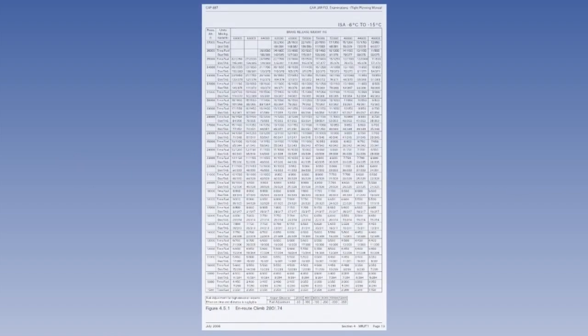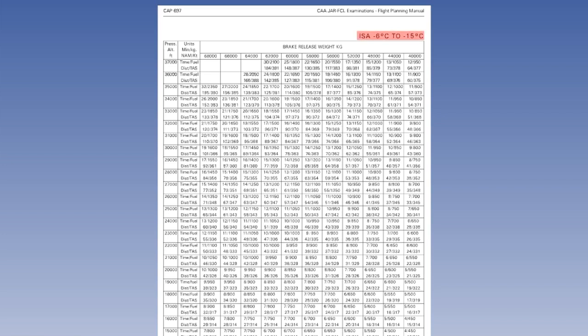The first table we shall look at is Figure 451, which gives the data for an en route climb. Figure 451 is split across 4 pages.